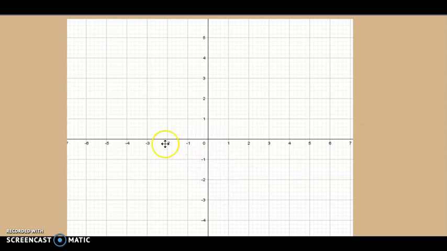When we work with a Cartesian plane, the first thing we need to realize is that on our x-axis, as we move away from 0, the numbers increase: 1, 2, 3, 4, 5. As we move to the left of the 0, our numbers decrease: -1, -2, -3, -4, -5.